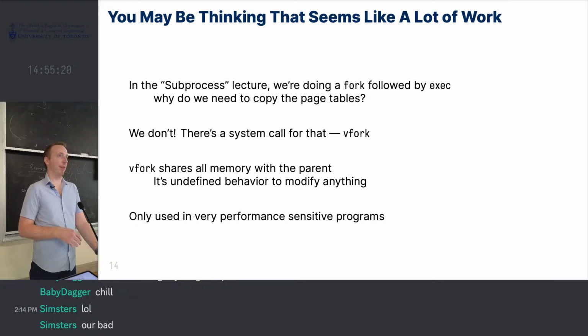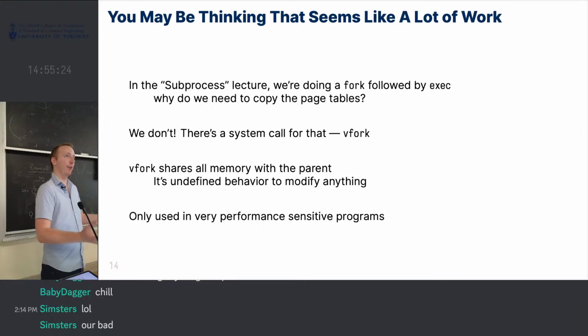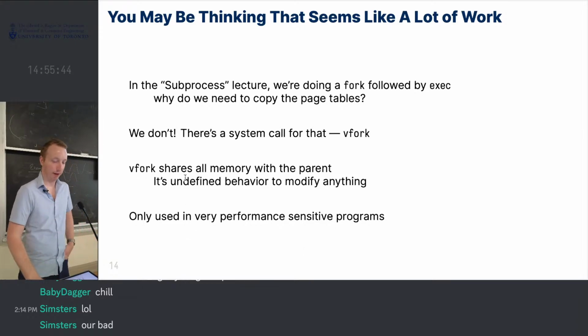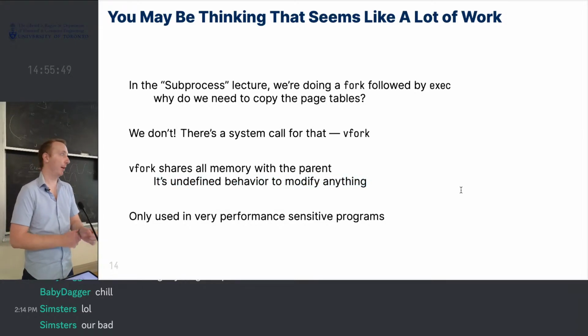It just comes with the caveat that both processes actually share all memory after the fork, which is not what you would expect, because they are now not completely independent. So you're expected in the child process to immediately call exec, and then exec, as part of loading the new program, has to create new page tables and replace the page tables for that process. They specifically outline that if you modify anything, it's undefined behavior, it can delete everything. So this is only used for really performance sensitive things.